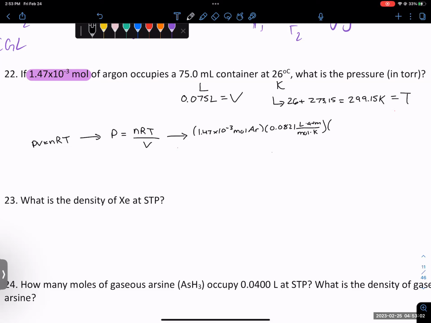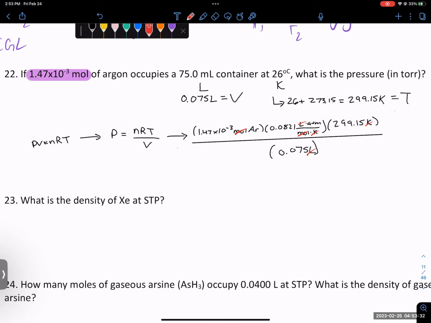And then our temperature was 299.15 Kelvin, all over our volume, which was 0.075 liters. As you see, our units cancel out: moles cancels that, liters cancels that, and Kelvin cancels with that Kelvin. So you're left with units of atmospheres.